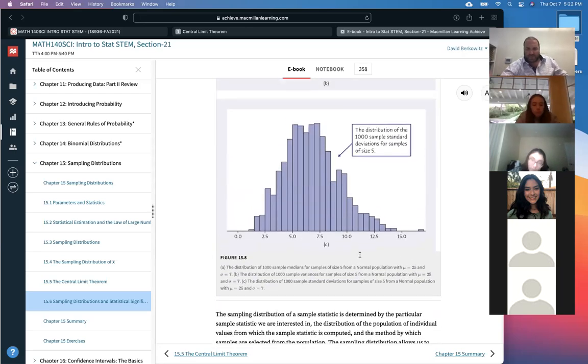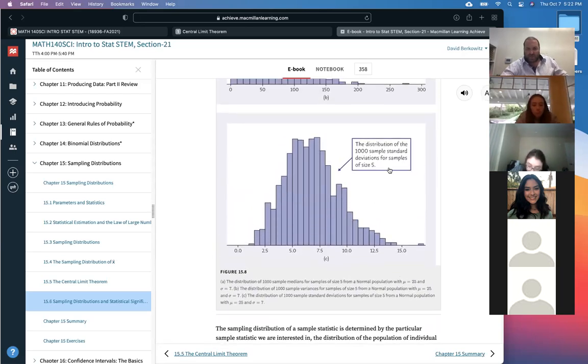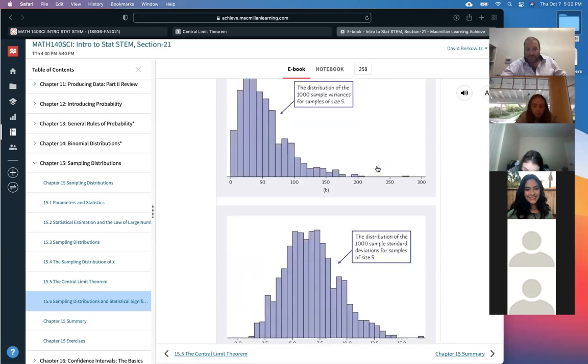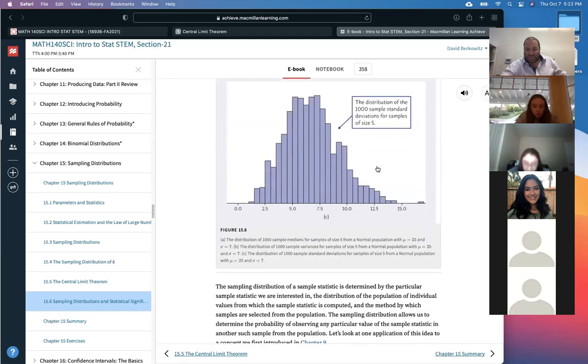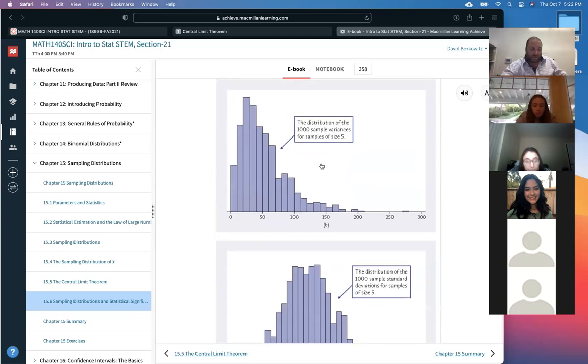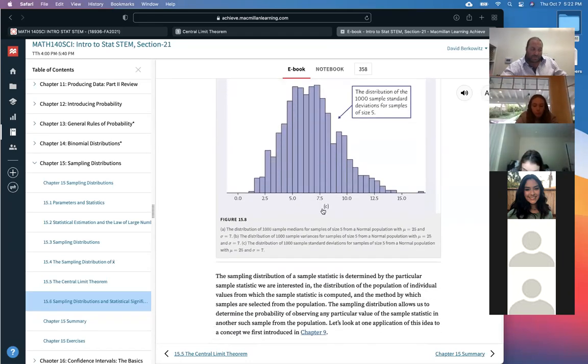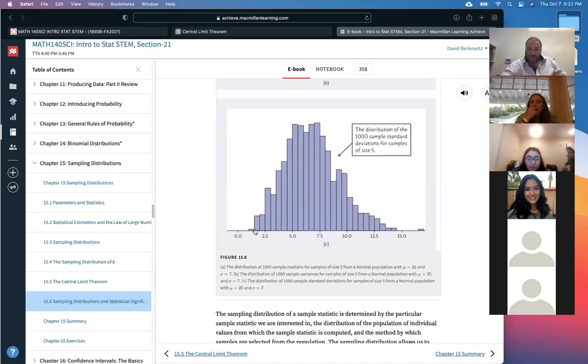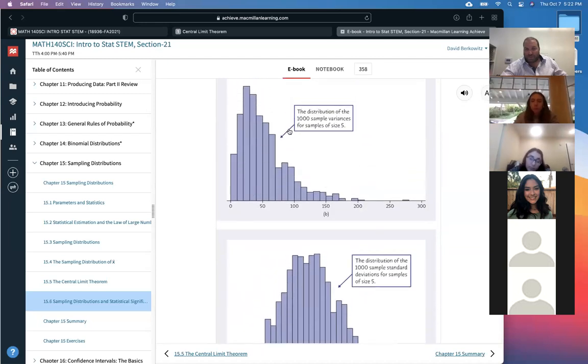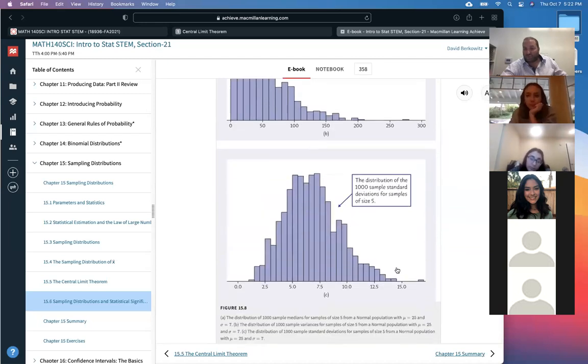On the next page, we do the same thing, but this time we do the standard deviations, not the variances. What do you notice about the shape of the distribution curve when we look at the standard deviations versus the variances? It's also skewed to the right, not as much because we took the square root so the numbers are smaller, but it is still somewhat skewed to the right.